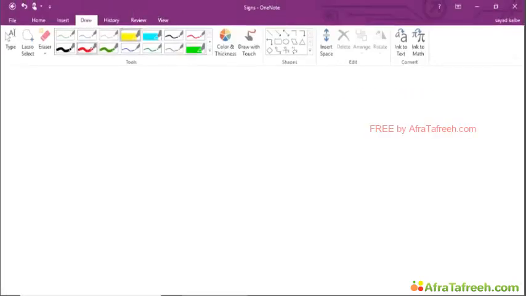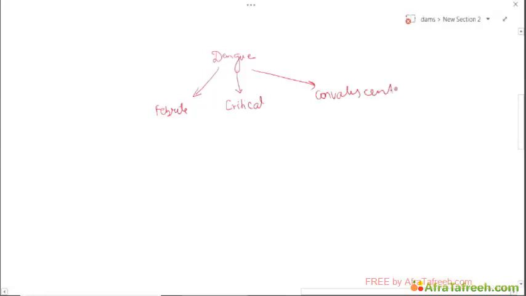Okay, so first of all, if we talk about dengue, it has 3 phases: febrile, critical, convalescent phase, or resolution.